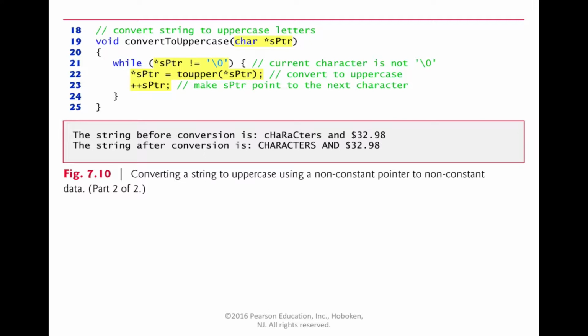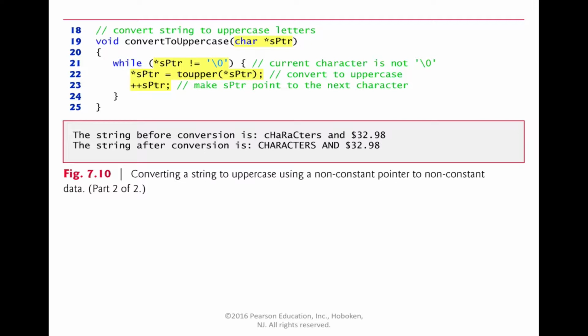As long as sPtr does not reference the end of string termination character, that is the \0, we are going to dereference the current value of that pointer and call the toupper function in the ctype.h library with the dereferenced pointer.